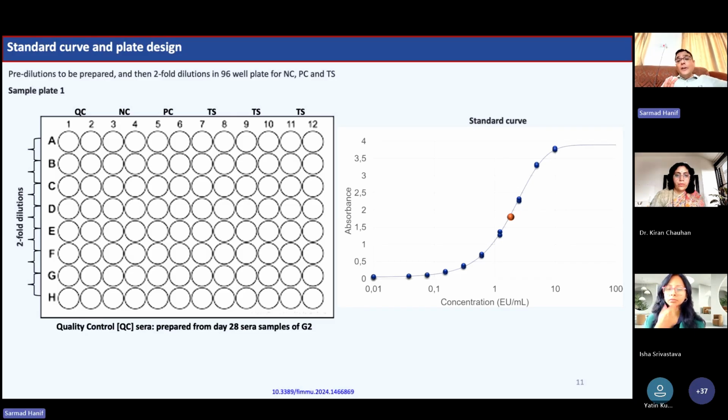Maybe 60-70 will be functional in nature and give you protection. To find out how many antibodies are functional, we do the serum bactericidal assay, which is the gold standard for the approval of Neisseria meningitidis vaccines.